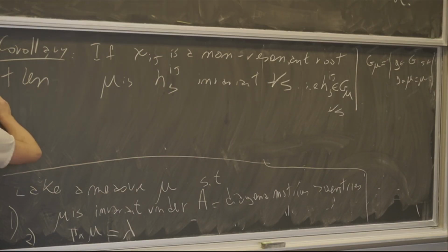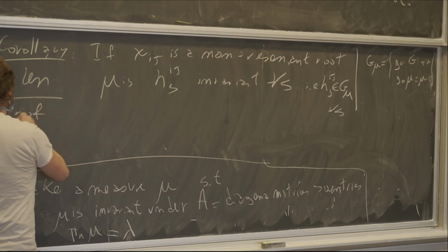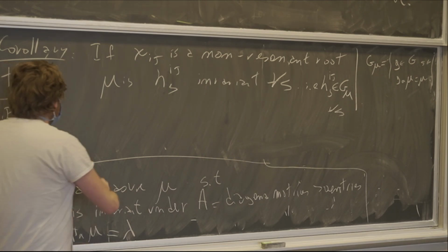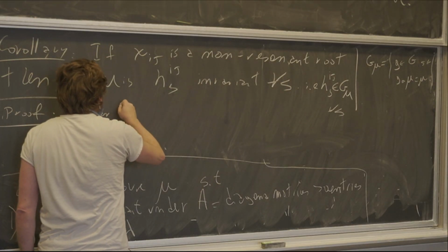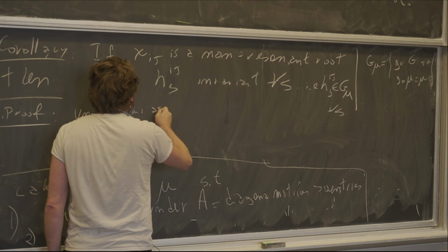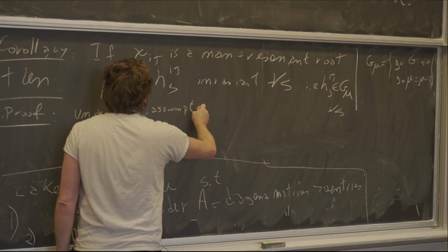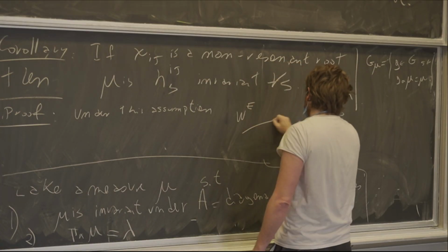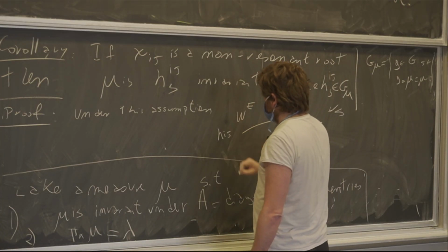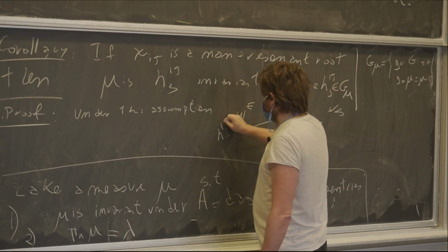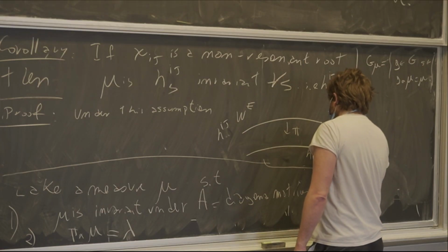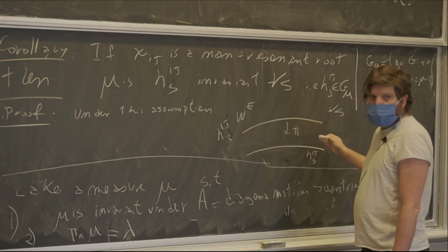And the proof is this formula, understood correctly. So under this assumption, I have that the WE is just the Hij orbit. It projects under pi into the Ij orbit.